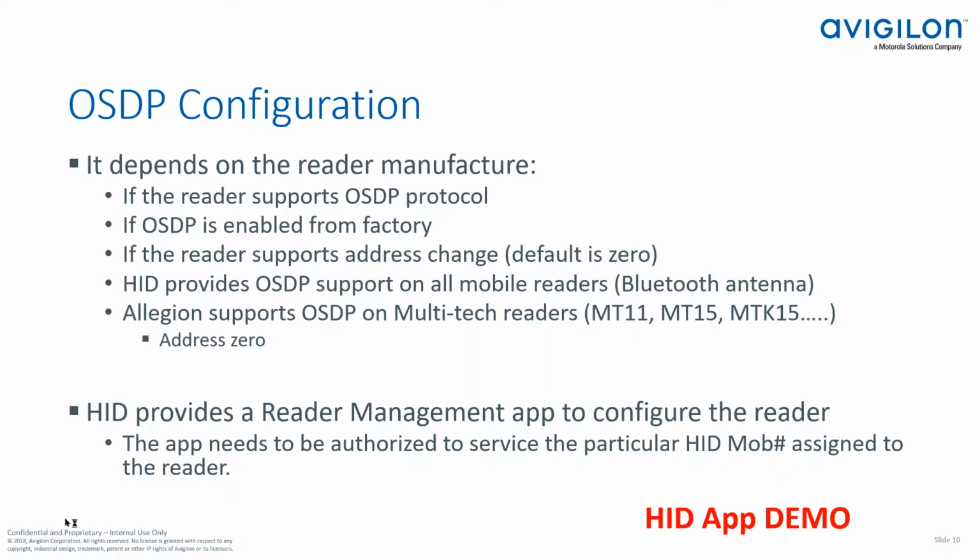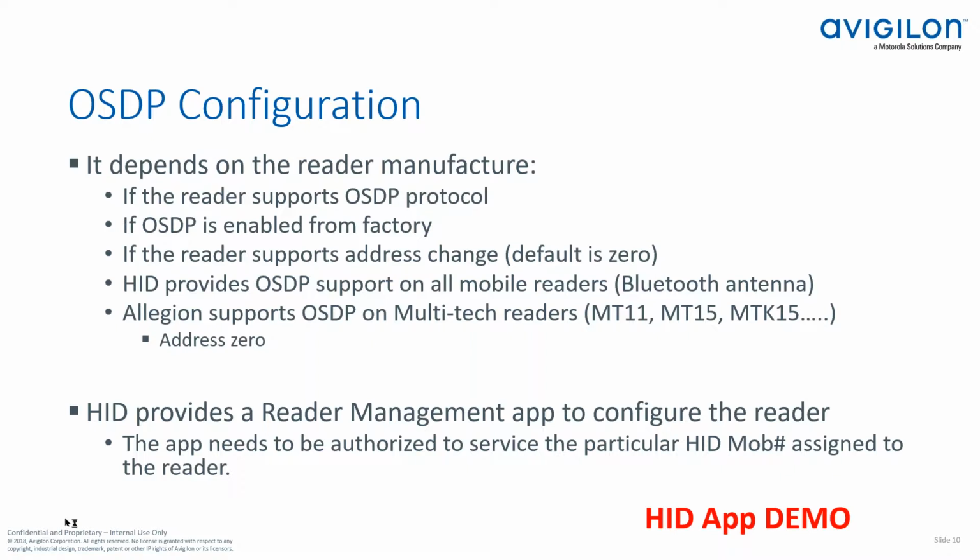I had a situation with a customer last week where they were trying to connect a reader and the reader would not come online. They were doing Wiegand, it would not come online, and then we came to find out that those readers are now coming with OSDP turned on. So in their case, they went back with the software and changed that to Wiegand.